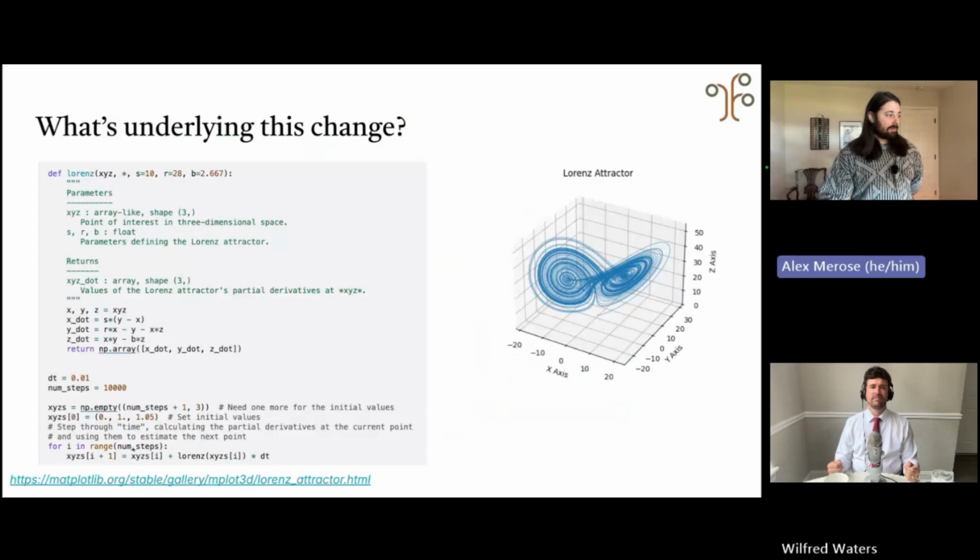Then for each step, maybe several thousand steps, the next step is the current step plus this math times the change in time. So the next point in the Lorenz system is dependent on the previous point, to infinity and beyond.